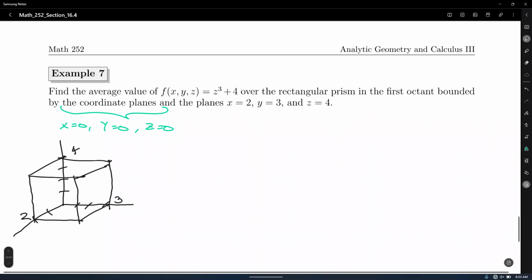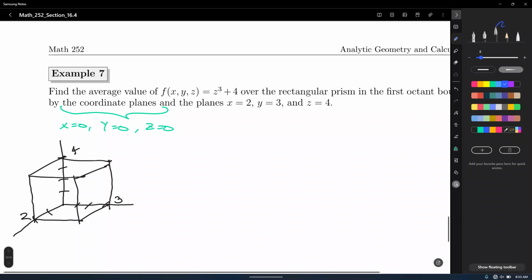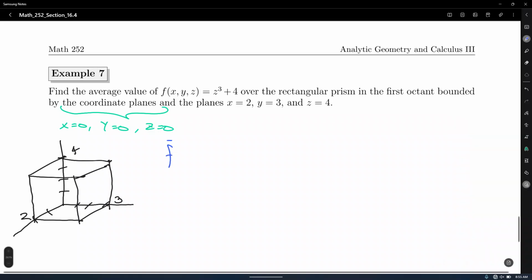Okay, f bar, that is the average value of the function. That is 1 over the volume of the region D, times the triple integral of f of x, y, z dV.